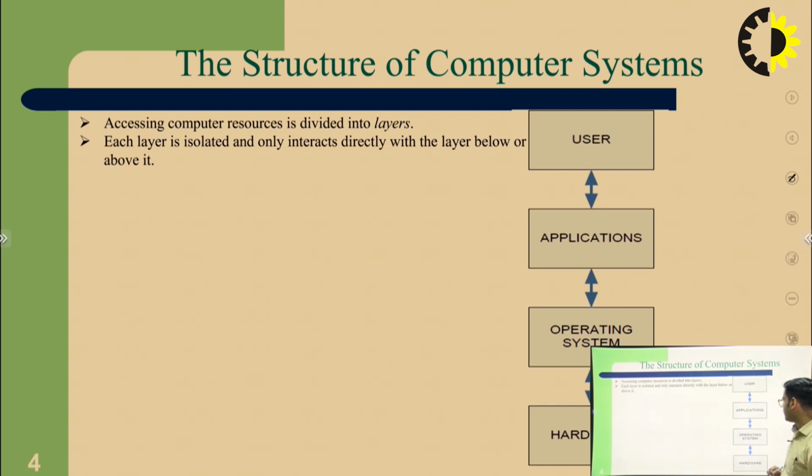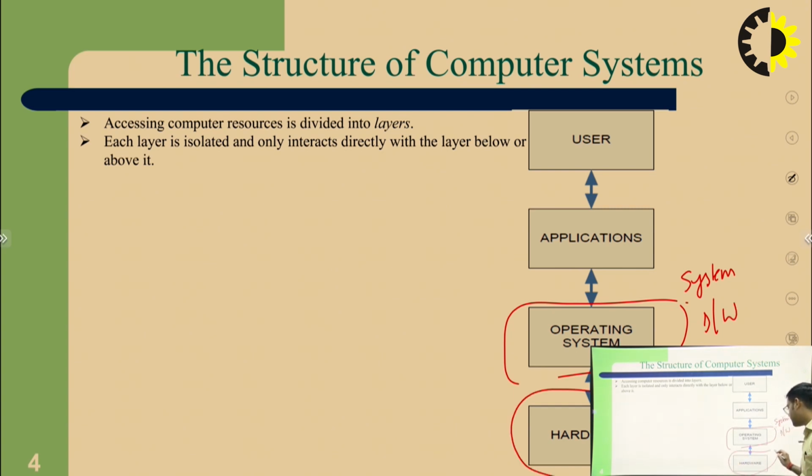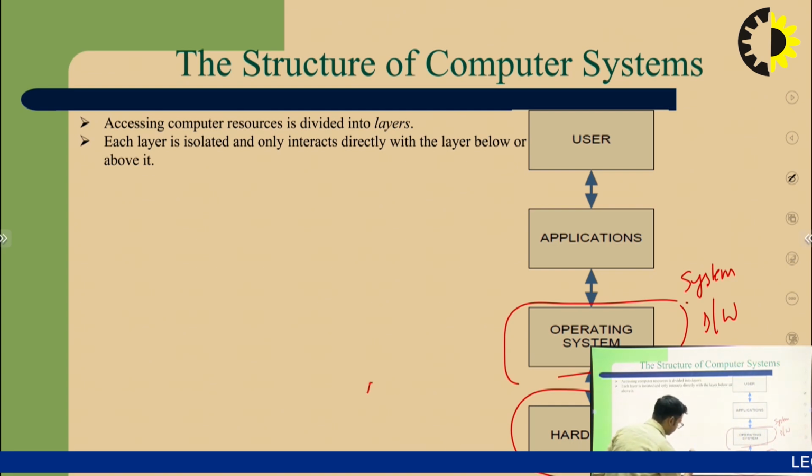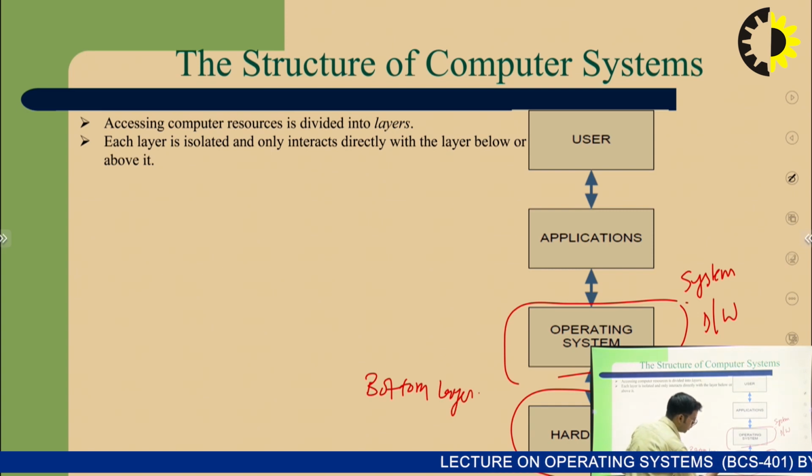Here is the operating system, that is the system software. In the lowermost layer, that is the hardware. So hardware lies on the bottom layer, or it is the innermost layer.